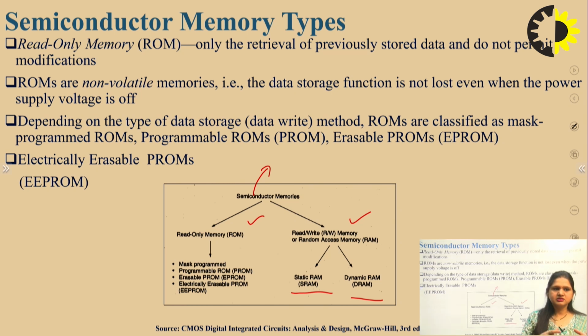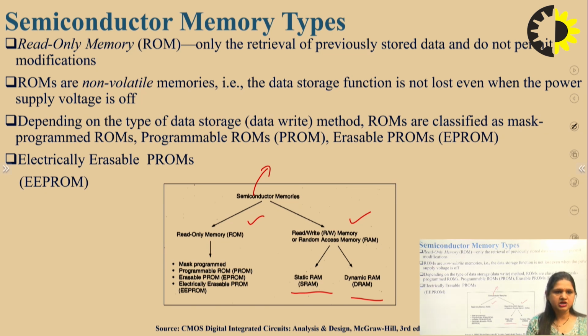In static RAM, the data is retained in the memory whenever power is connected to the circuit, and there is static power dissipation because all the time the power is on. In the case of dynamic RAM, the concept is similar to dynamic logic design. All the time there is no need to switch on the power. Here we use capacitors and the data is stored in the form of charge in the capacitor.